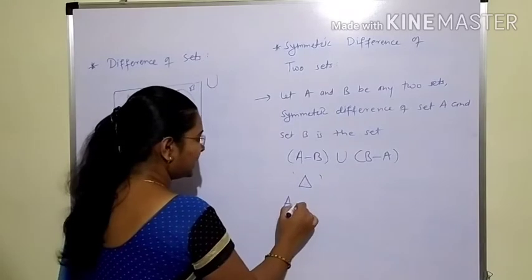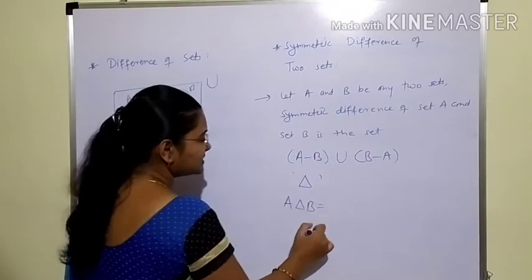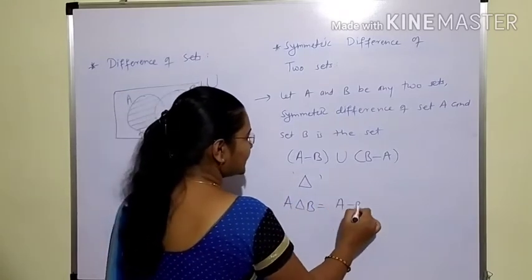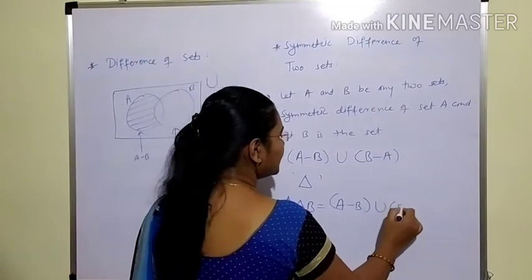So A delta B is equal to A minus B union with B minus A.